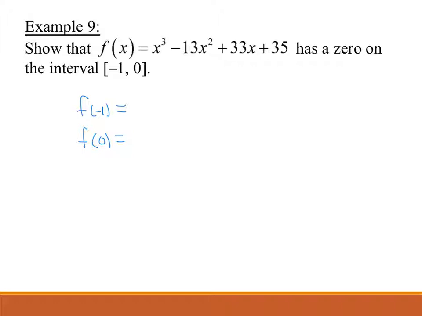So when we evaluate at negative 1, we get a negative 12. When we evaluate at f of 0, which is our y-intercept really, it's at 35, right? Because these have opposite signs, there has to be a 0 crossing between negative 1 and 0.